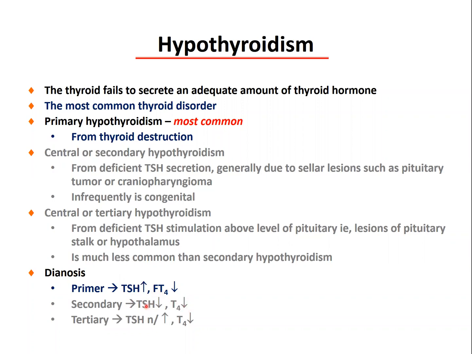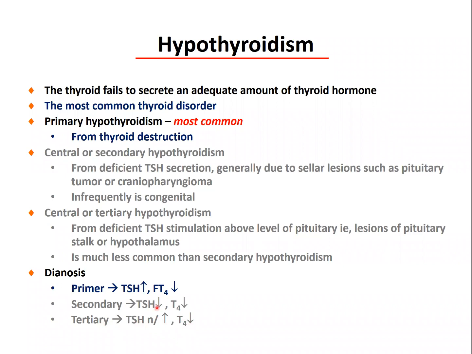I would refer to the previous seminar about the pituitary gland, where we discussed how we can distinguish between primary and secondary using the trophic and the target hormone levels. In tertiary, the TSH doesn't change too much. It can be elevated a little bit, but the T4 level is decreased.